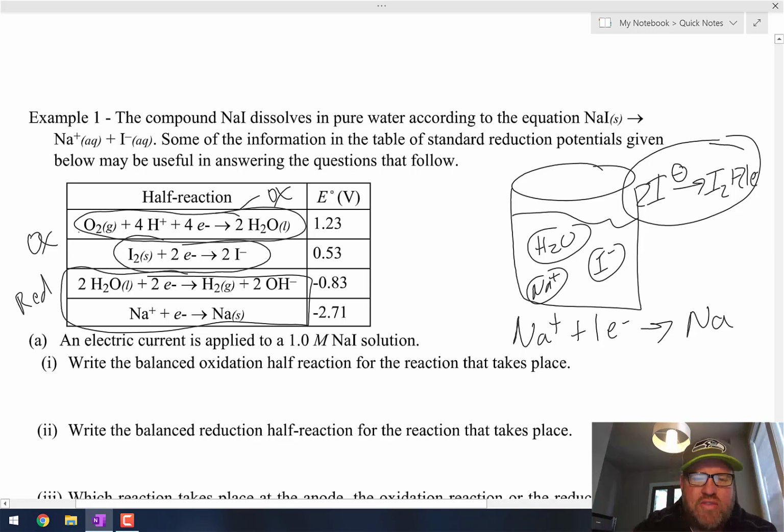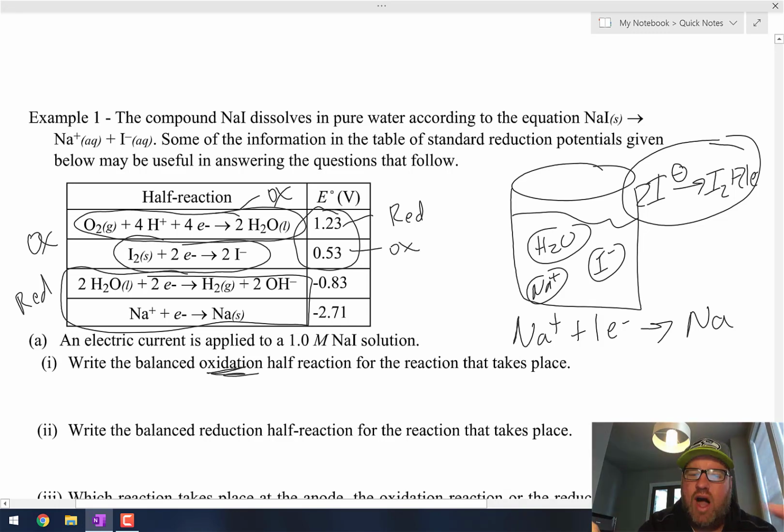So again, for part one, write the balanced oxidation half reaction that takes place. In terms of oxidation, which of those two is more likely to be oxidized? Remember, these are the standard reduction potentials. So that means the top one is more likely to be reduced, which means this one is more likely to be oxidized.